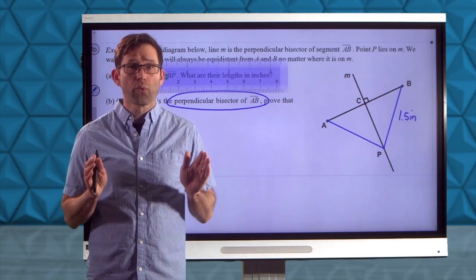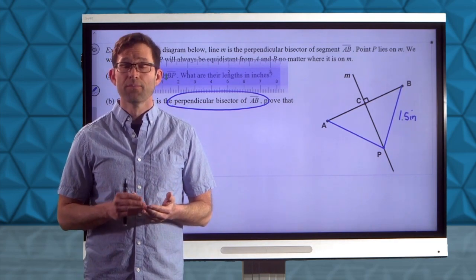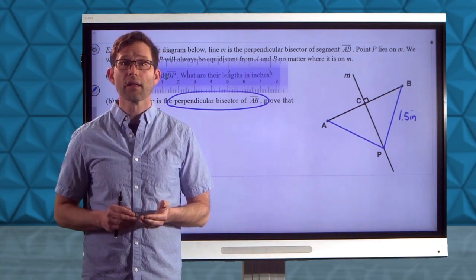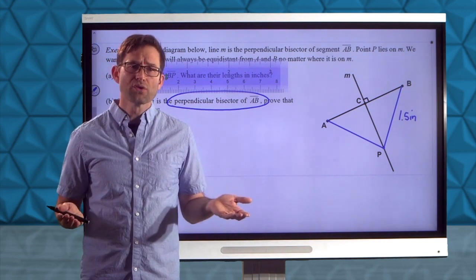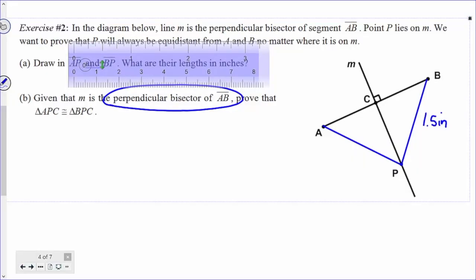Remember, we have only 3 ways of proving that triangles are congruent right now: side, side, side; side, angle, side; and angle, side, angle. So what do we know so far? Well, we know that M is the perpendicular bisector of AB, which means that this will be a 90-degree angle, and this will be a 90-degree angle. We also know that AC must be equal to BC because it's a bisector.